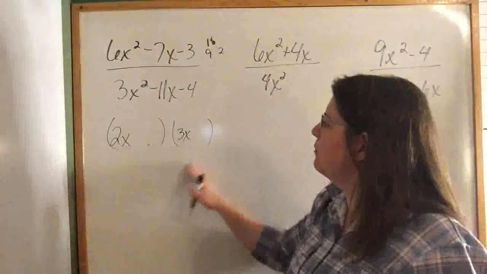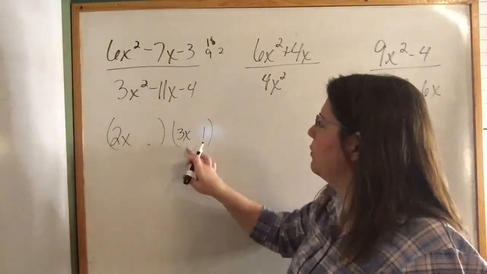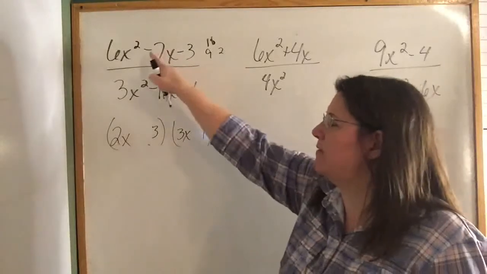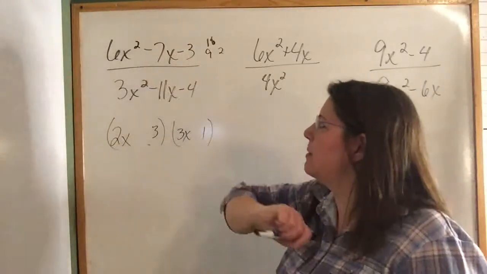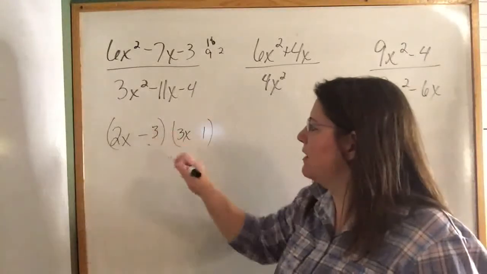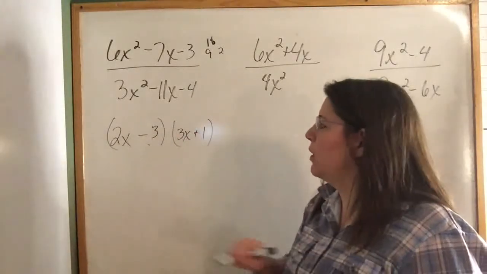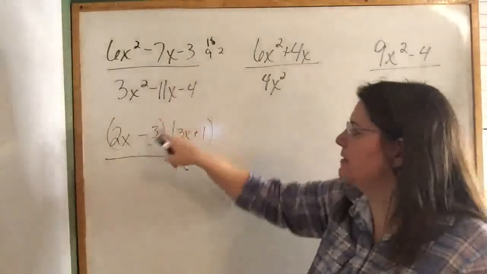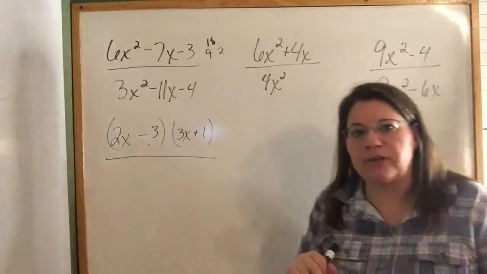And then 2 times what gives me the 2, that would be 1. 3 times what gives me the 9 would be 3. This minus tells me they have different signs, and the big number gets the minus, so the 9 gets the minus. The 3 times 3 makes the 9, so that would be a minus 3 and a plus 1 to give me the factors. And then I could check, is 3 times 1 3? Yes, it is. So we know we've got the factors in there correctly.